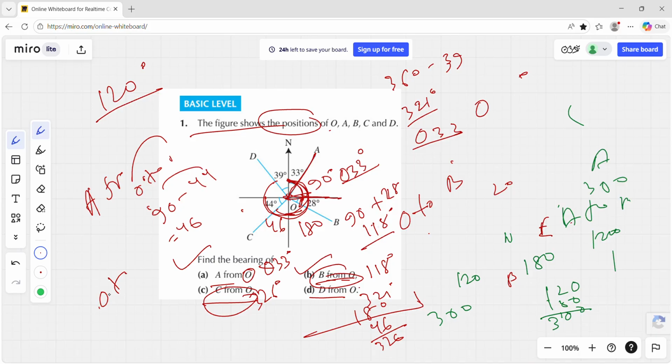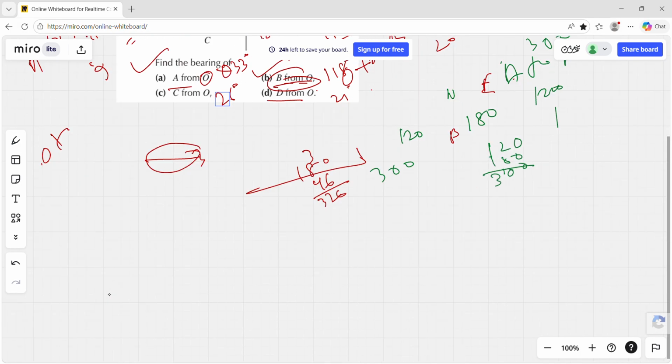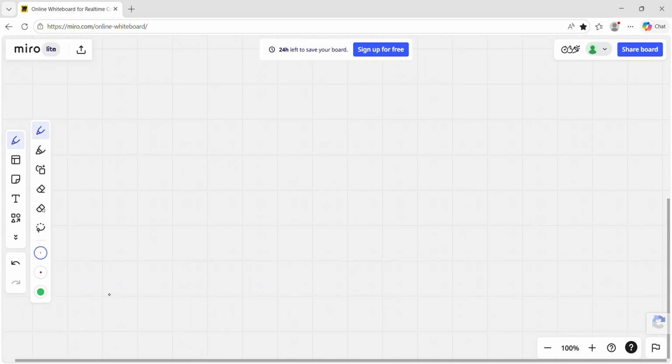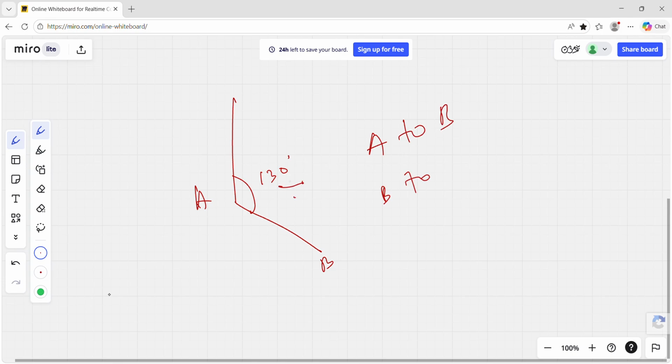Let me make an assumption. If they ask about this particular portion, A and B, and it is given as 130 degrees, then if they ask what is the A to B bearing, you can say that is 130. What is B to A? You have to calculate it. You draw a line from the north side and draw the curve.